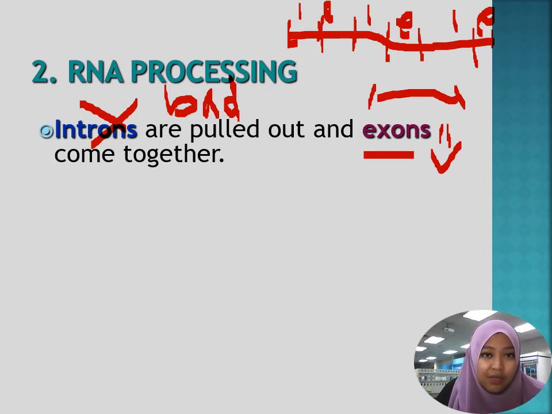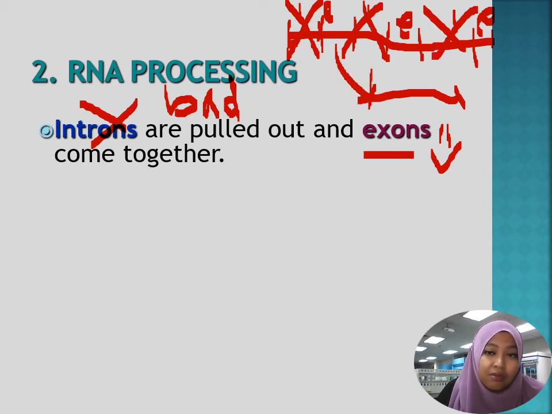During RNA processing, the intron will be pulled out, and the introns will end up together. At the end of RNA processing, the mRNA is normally shorter compared to the pre-mRNA.